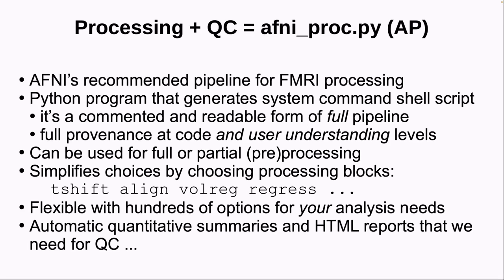It's pretty simple to use, although it has hundreds of options, so you can use it in many, many different ways. You'll have to think about the ways that you want to use it, but what comes with afni_proc.py are these automatic quantitative summaries and HTML reports that we need for quality control.